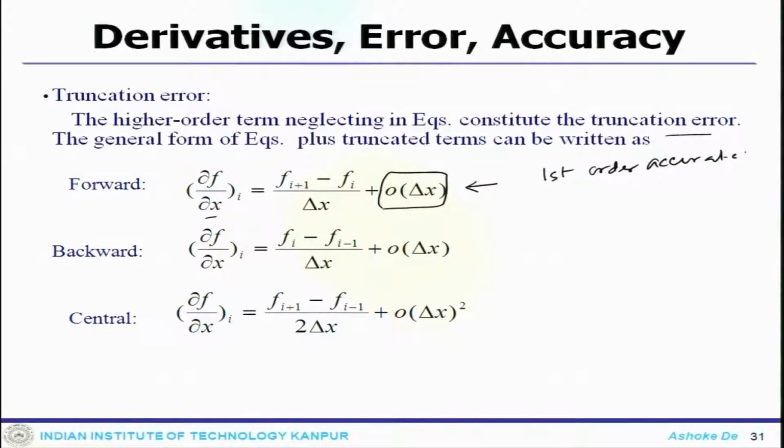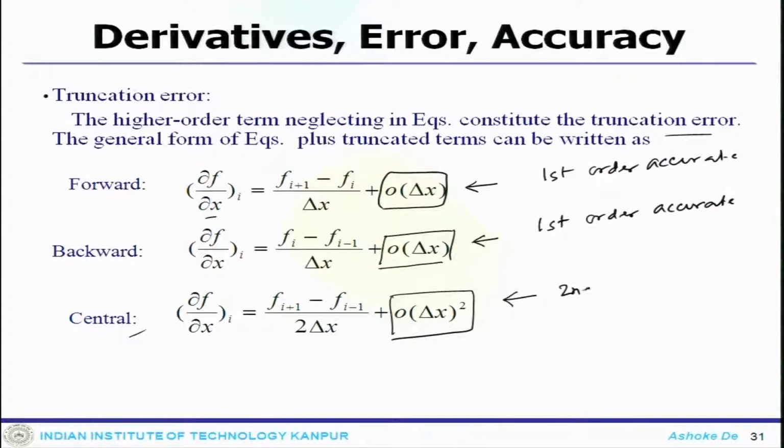Similarly, that holds good for the backward scheme, because the truncated terms are of order delta x, and you also term that one a first order accurate scheme. At the same time, for the central scheme, the higher order terms which have been truncated off are of second order. So, this scheme is second order accurate.